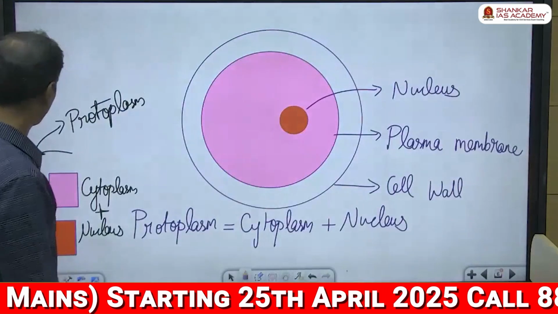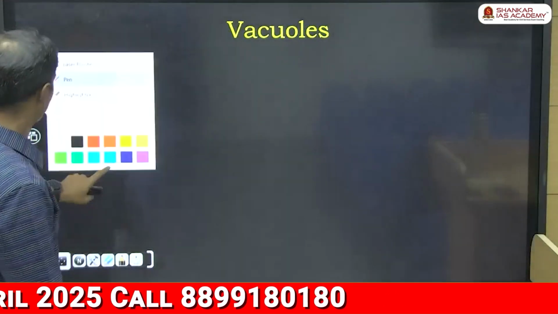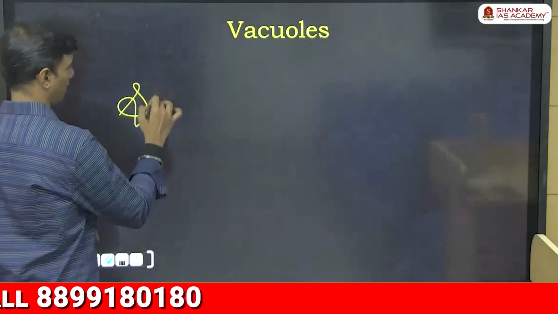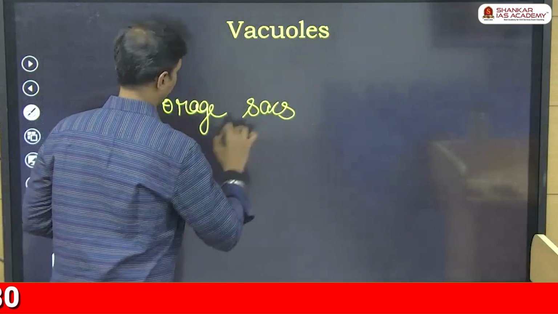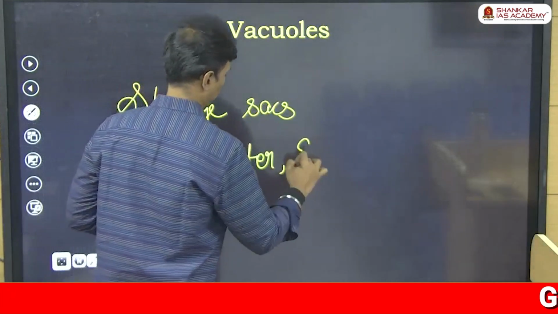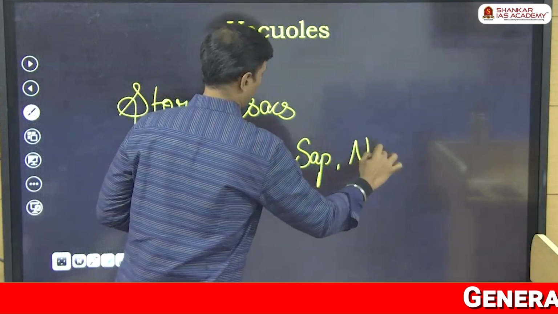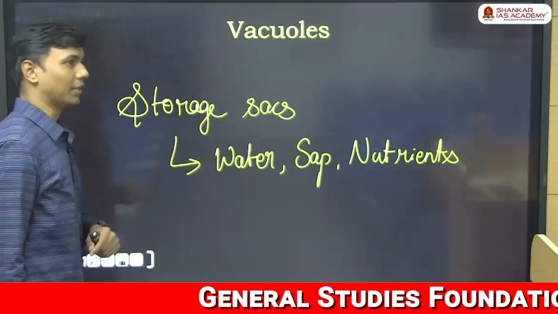You can write, vacuoles are storage sacs. When we say storage, it stores water, sap, or other nutrients, which will be stored in vacuoles.